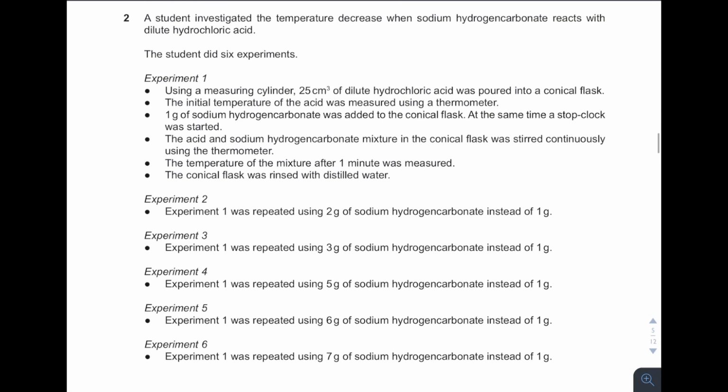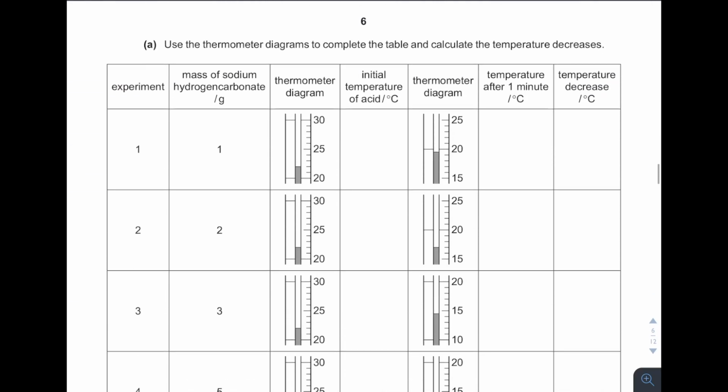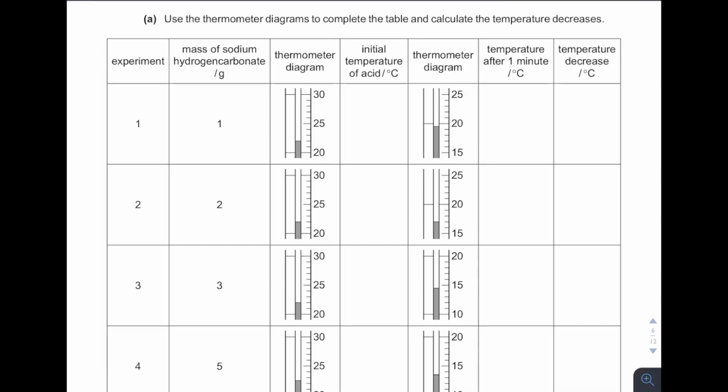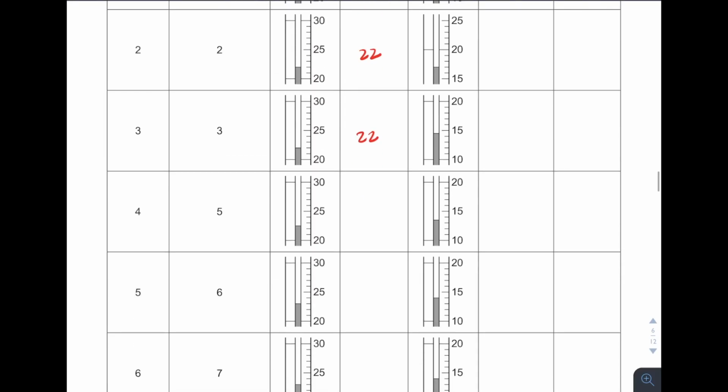Alright, next one. Given this experiment about the temperature decrease when sodium hydrogen carbonate reacts with acid, see the tabulation of data. Is it 20, 21, 22? So 22, 22, and the next one is somewhere in the middle of 22 and 23, so we know it has to be 22.5.